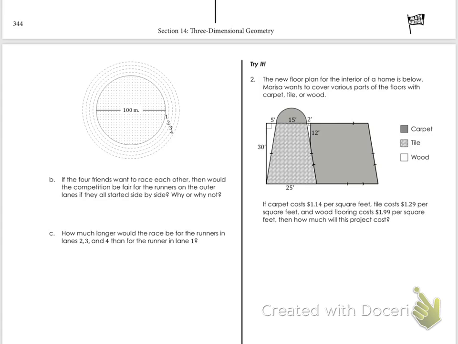So you've got to look at what our shapes are here. We appear to have a semicircle that is carpet. We have a trapezoid that is tile.